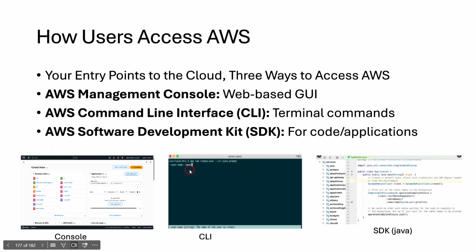And CLI is nothing but your command prompt where you have to give some command like aws iam or aws s3. So you can give some command to access the AWS resources, or you can write code and use the AWS SDK, software development kit, like how you import your dependencies. And you can write AWS code like this, right? Here we have an example of accessing DynamoDB, that is an AWS service, by using Java code. So there are three ways. Now let's dive into each one.